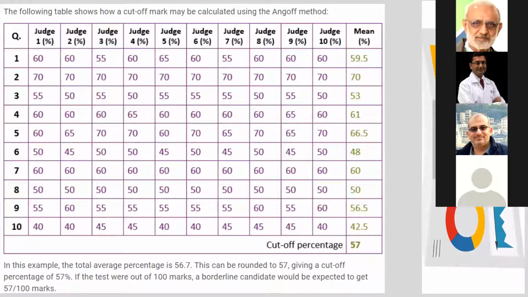If you go to question 7, all the judges agree that 70% of minimally competent candidates would answer that question correctly. So after getting these figures from the judges, the mean is calculated for each item, and from that, the cutoff percentage is calculated.